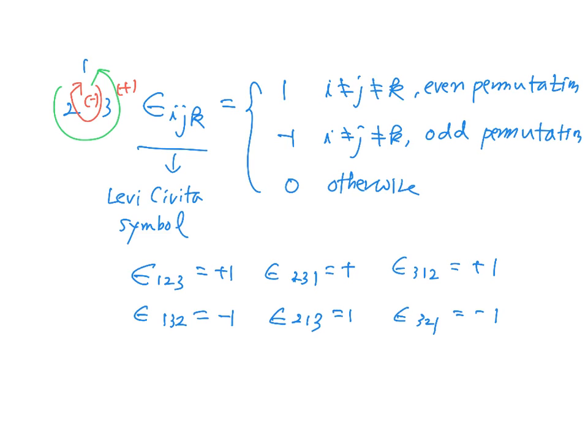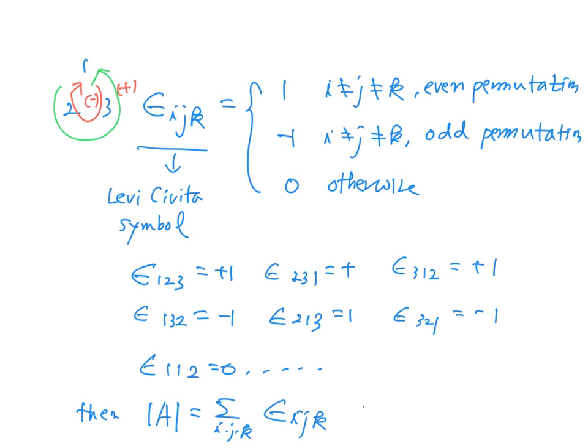Minus 1. Epsilon 1, 1, 2 is 0, right? Etc., etc. Then the determinant can be written down as, determinant A equals the sum over i, j, k of epsilon ijk, A1i, A2j, A3k.